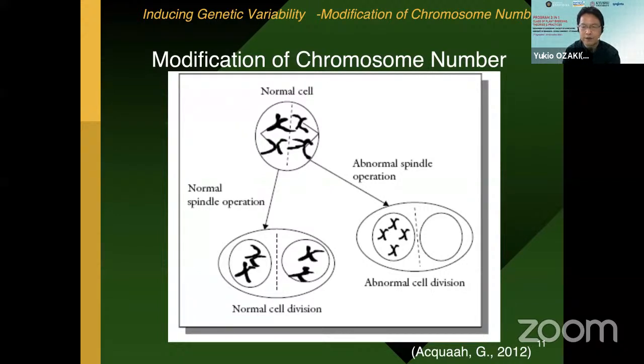Failure of the spindle mechanism during karyokinesis or even prior to that can lead to errors in chromosome numbers transmitted to cells, such as polyploidy. In this case, individuals with multiples of the basic set of chromosomes for the species in their cells appear, as shown in this figure.